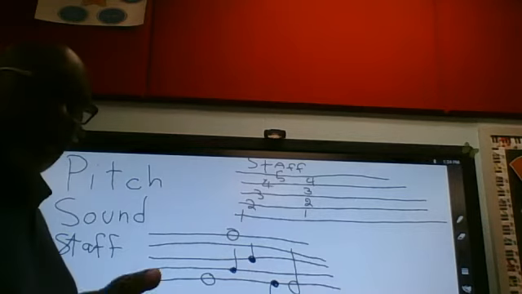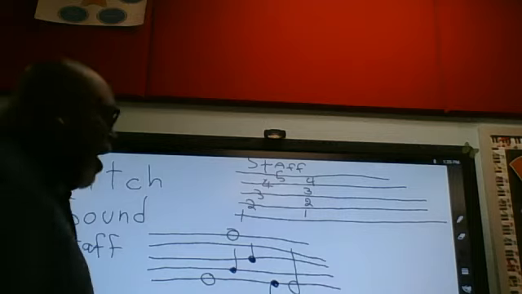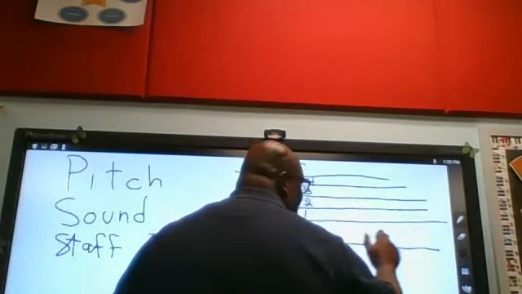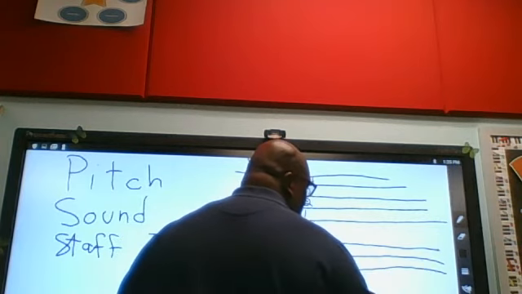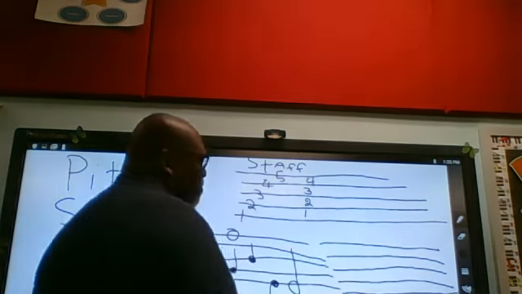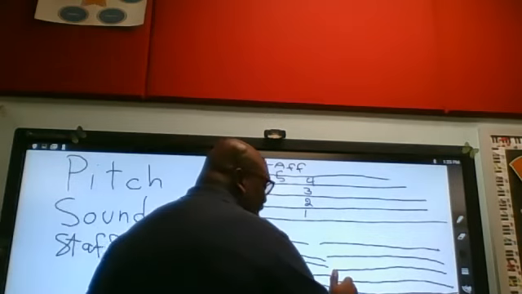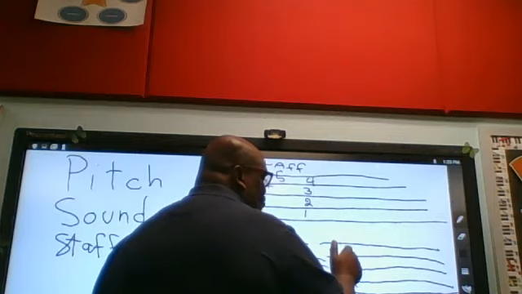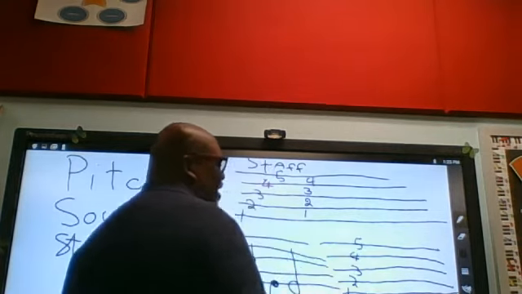So now, what I want you to do is to draw a staff and number it. So how do you do that? First, you put your 5 lines, not too far apart, on your paper. You don't have no paper, go get some. Just like that. Then you number it from the bottom to the top. Line 1, line 2, line 3, line 4, and line 5.